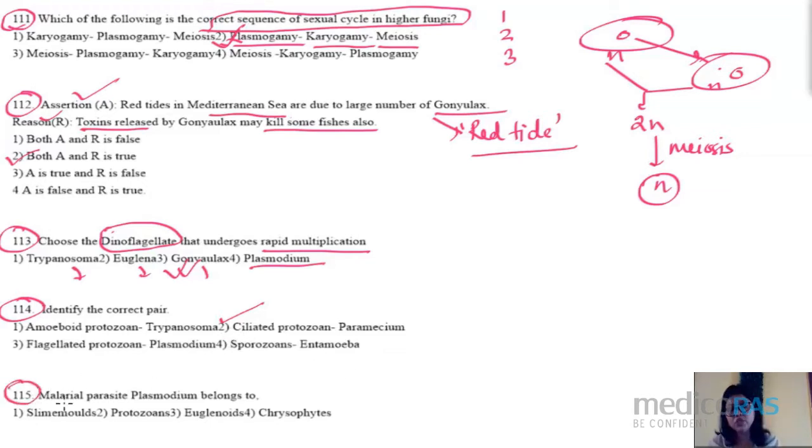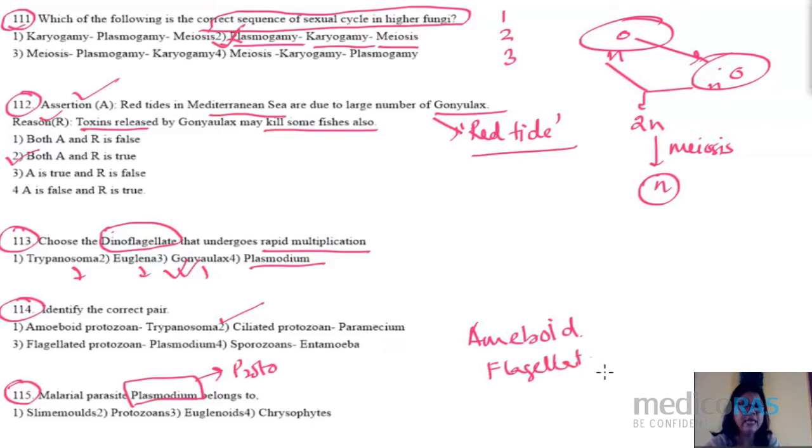Next, you can see question number 115. They are asking what the malaria parasite Plasmodium belongs to. Of course, we only just discussed that Plasmodium is under protozoans, correct? Under protozoans we have certain categories like amoeboid, flagellated, ciliated, and again some sporozoans.